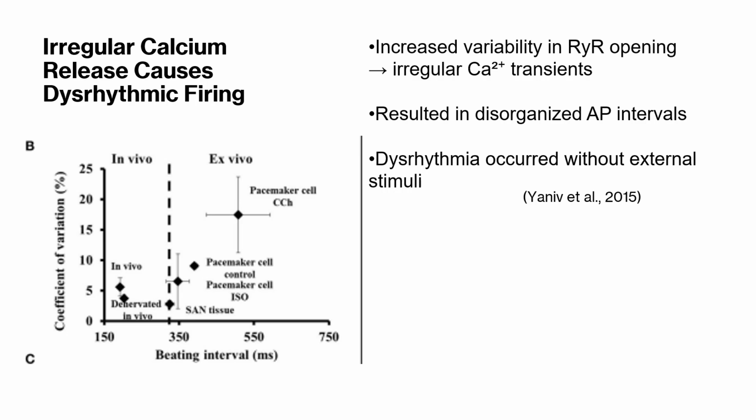The graph here illustrates how these erratic calcium signals led to erratic spontaneous action potential intervals. It's crucial to say that there were no outside stressors or pacing changes. This irregular firing occurs solely internally. This strongly supports the idea that internal clock instability can cause cardiac arrhythmia directly.